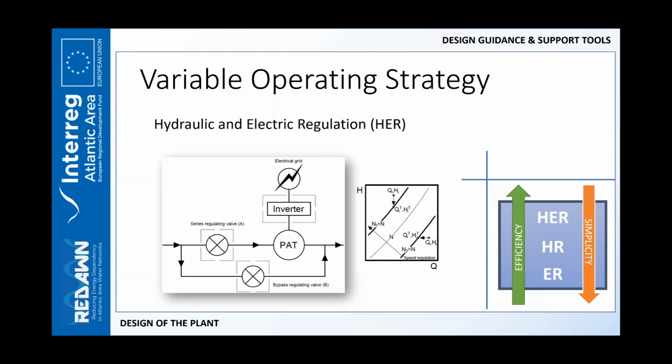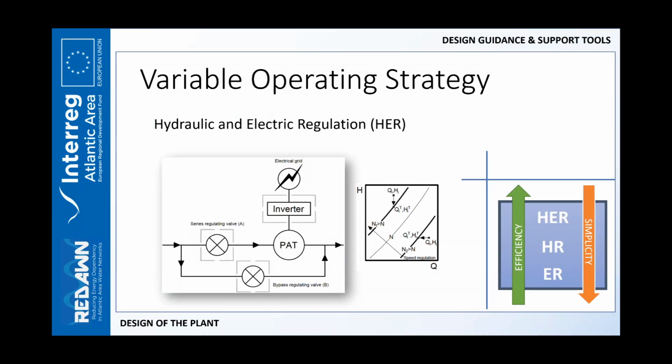Well, all these strategies are used to design a plant, and the best machine can be selected. I will show you later how to do that. The machine can be selected to operate either in HER or ER or HR mode, which means hydraulic and electric regulation, electric regulation, or hydraulic regulation.